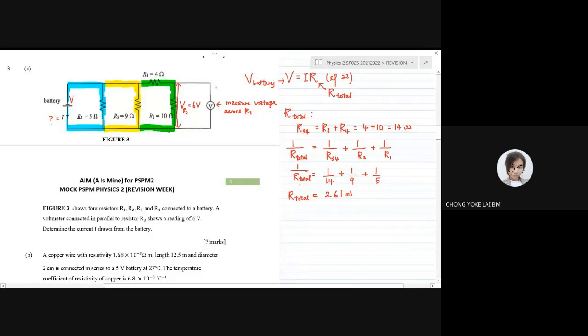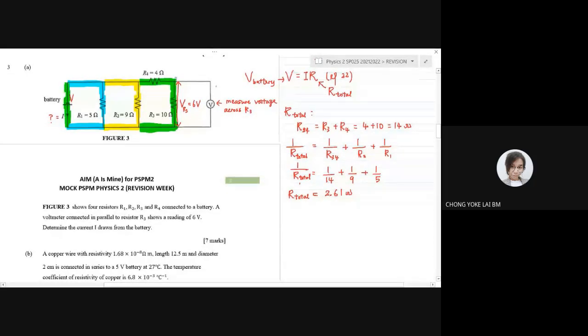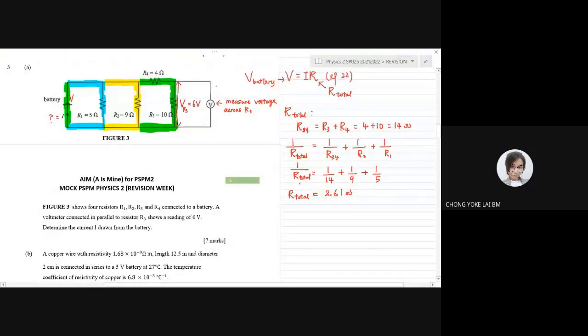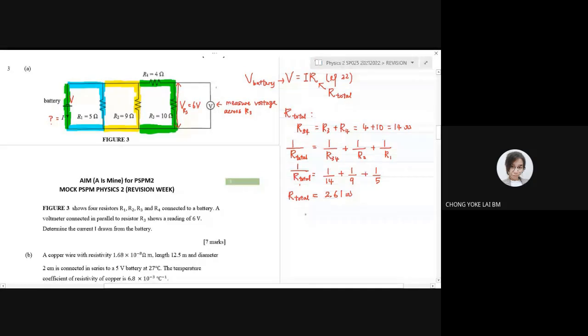You perhatikan. Bahagian ni dengan battery ni adalah parallel. Jadi voltage of the battery adalah voltage yang kita supply kepada resistor 4 ohm dan juga 10 ohm. Okay, so teacher lukis kat bawah. Saya redraw balik.